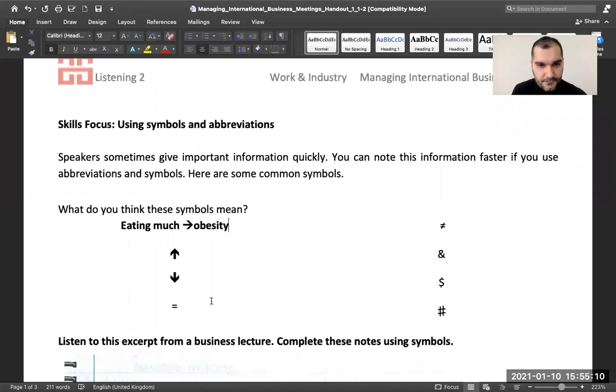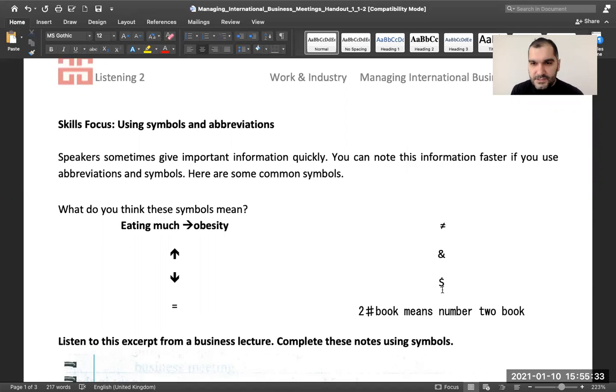Okay, and for numbers, for example, to book, you may write in shorthand number to book, because this symbol means a number of.